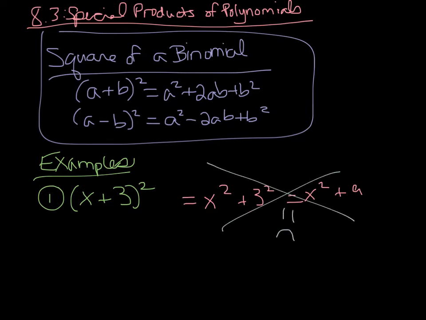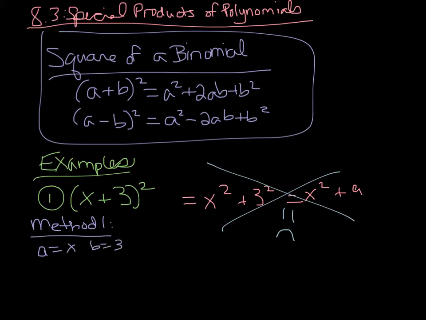The two ways that you can solve this are either by using the formula, or by using the FOIL method. I'm going to start with the formula. In this one, our a is x and our b is 3.